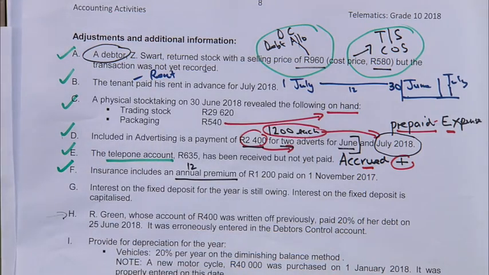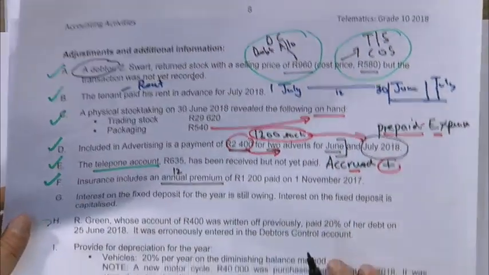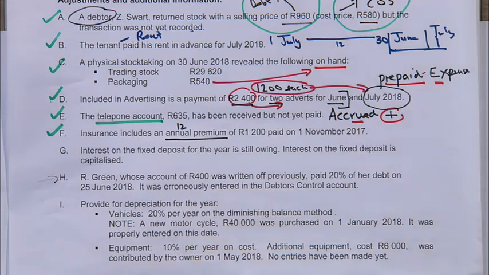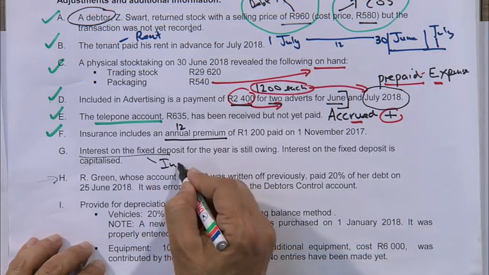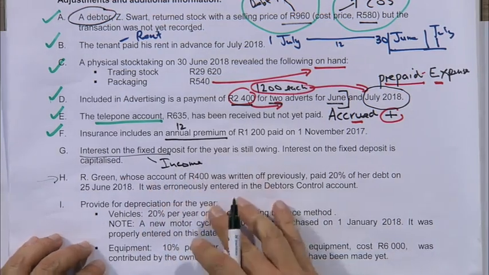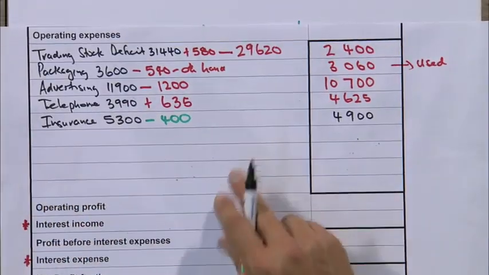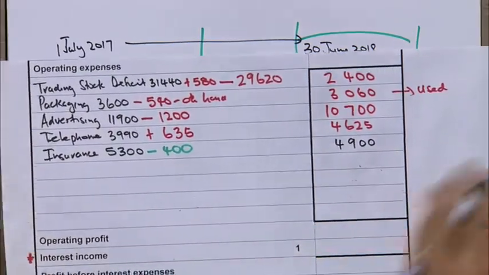Okay, now, adjustment G talks about interest on fixed deposit. So remember, it's interest, and it's interest on fixed deposit. So it's an income, but it does not form part of the normal operating expenses or the normal operating income from the business.